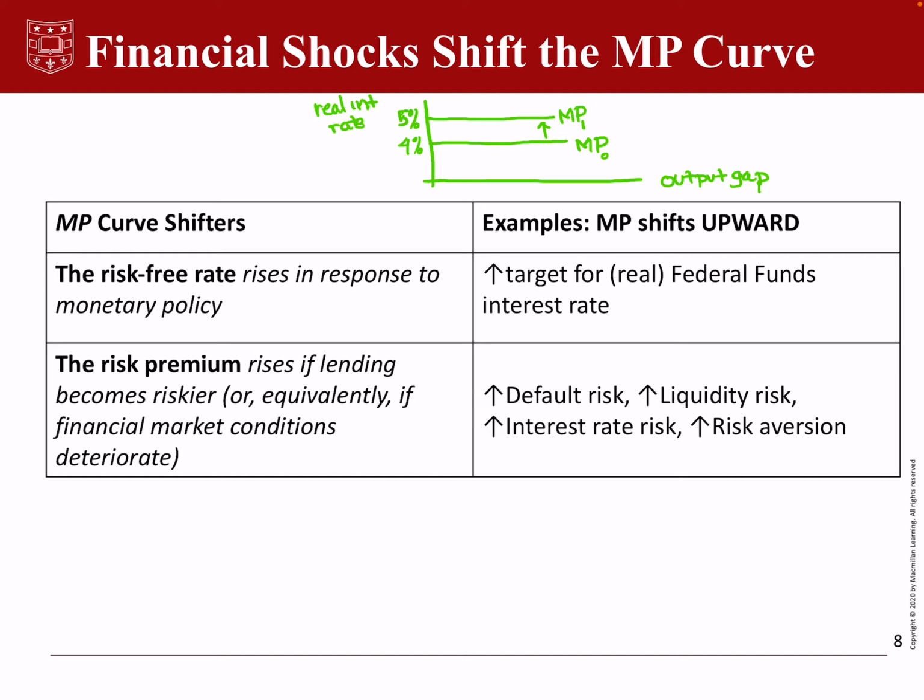Liquidity risk refers to the idea that sometimes banks need cash, and the more lending they do, the harder it is, other things equal, to get that cash that's tied up in loans.